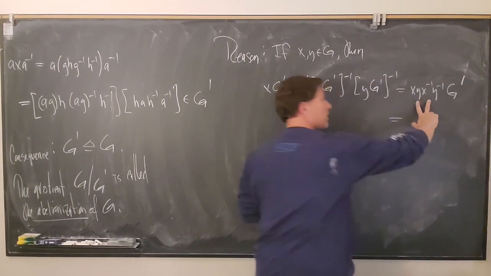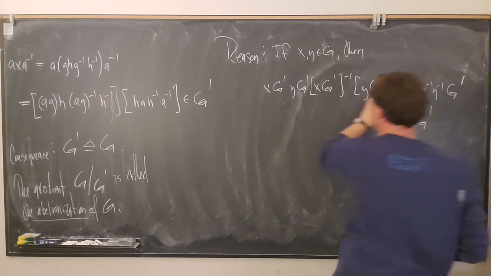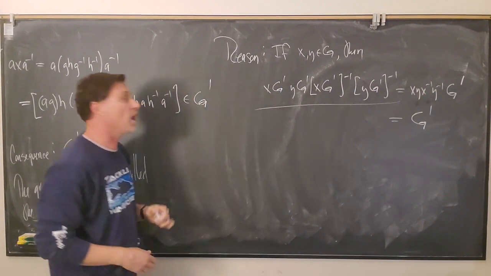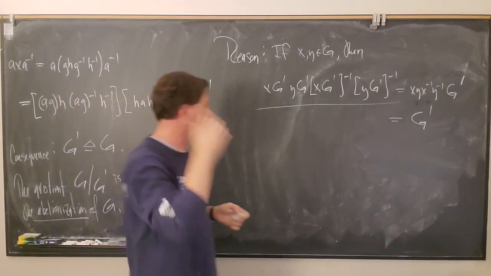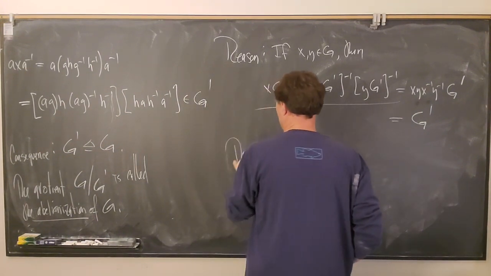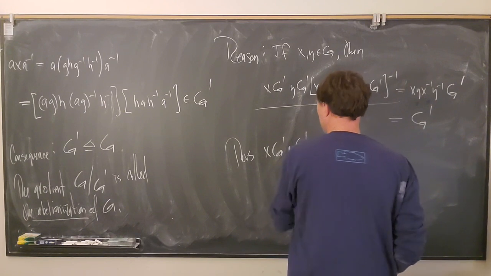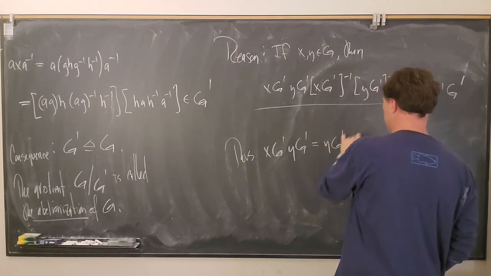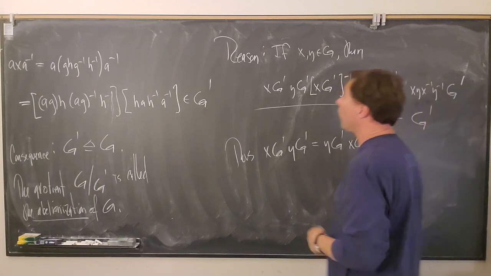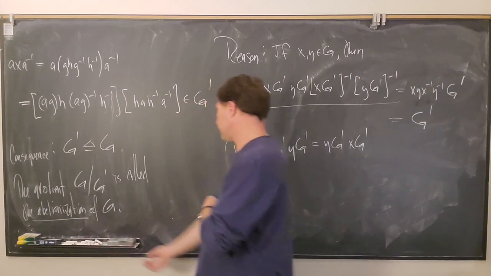This lives inside G prime, so this is equal to G prime. So what we just showed is that the commutator of the corresponding cosets is trivial. Thus xG prime yG prime equals yG prime xG prime, which means this quotient is abelian.